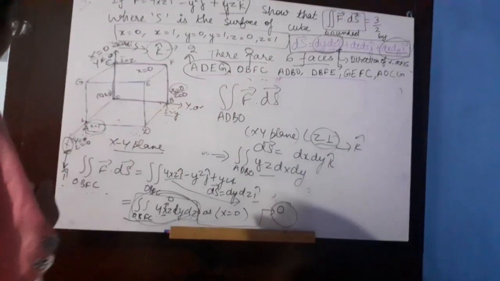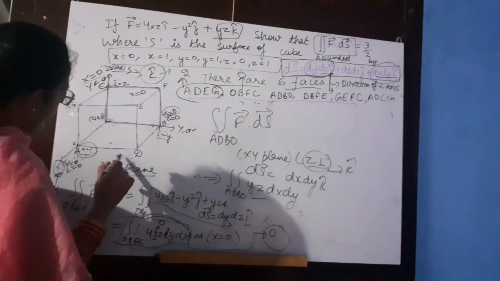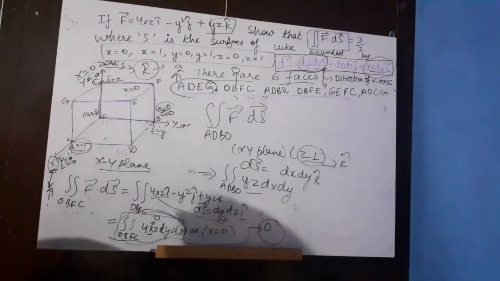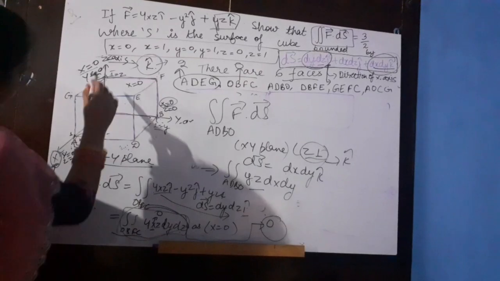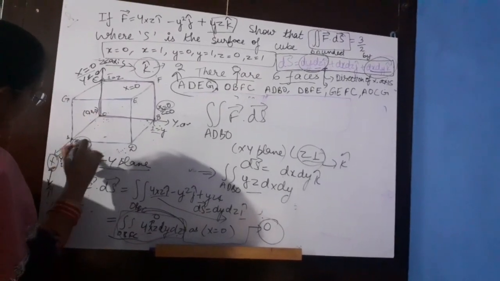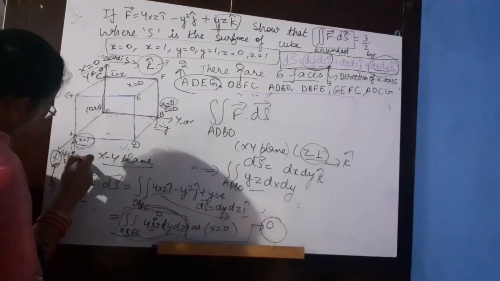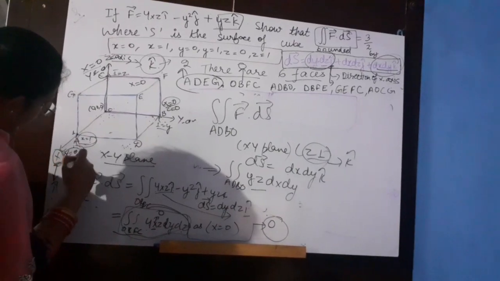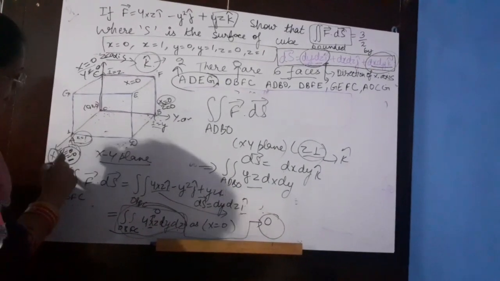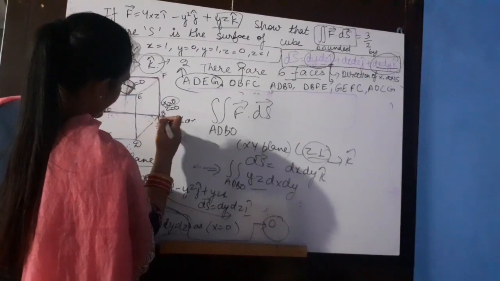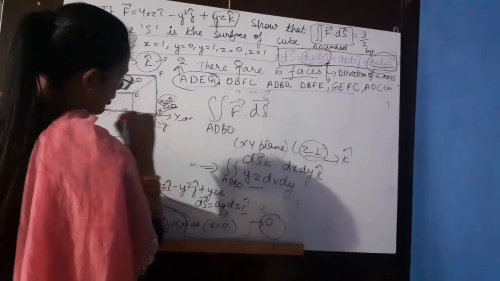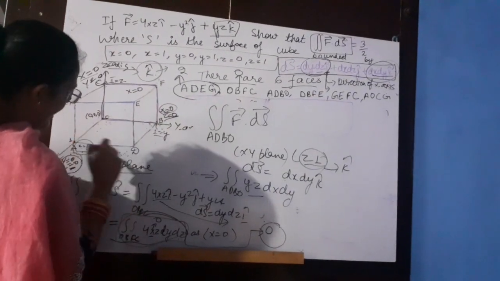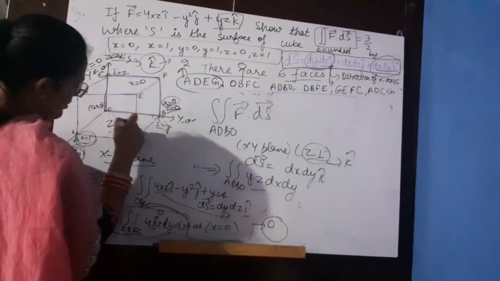Now for the face ADBO, as z is perpendicular, at point A our z is equal to 0. Similarly at point B our z is equal to 0. So for the face ADBO our z is equal to 0.